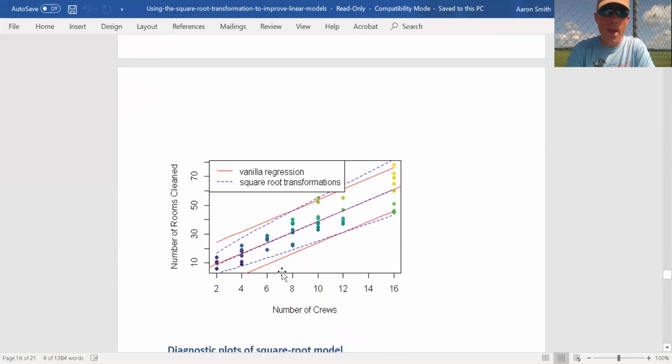All right, so now when I look at the blue, you can see that the blue is tighter on the left, and it does a much better job fitting the data. My prediction interval fits very nicely. Now, the dashed blue line is not a straight line. There's a curvature to it.